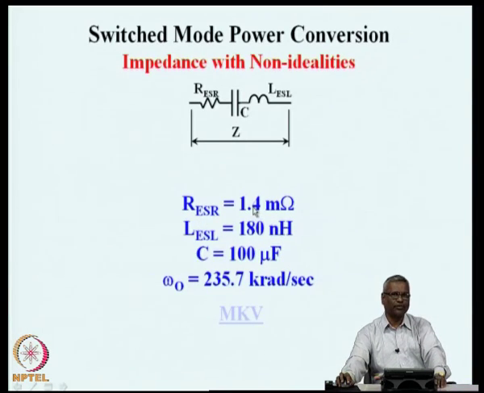RESR is 1.4 milliohm, LESL is 180 nanohenry, the capacitance is 100 microfarad, and if you calculate the natural frequency with these values of L and C, 1 by root of L and C, it is about 235.7 kiloradian per second.